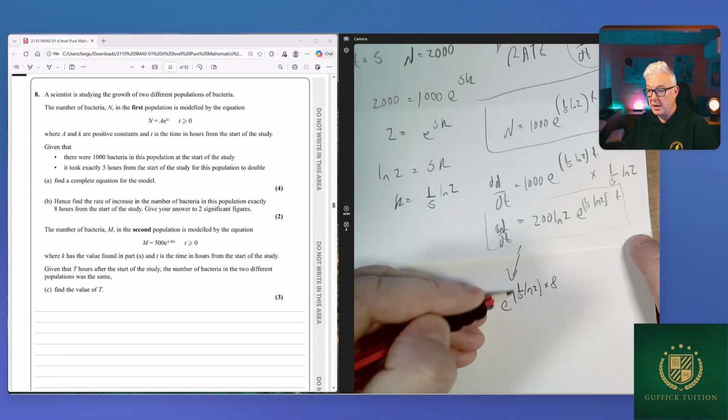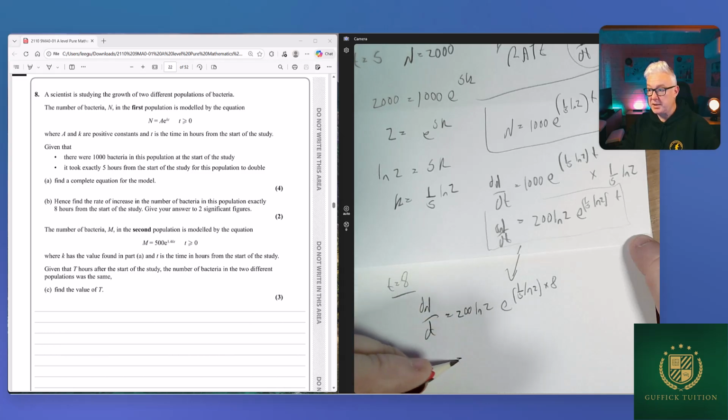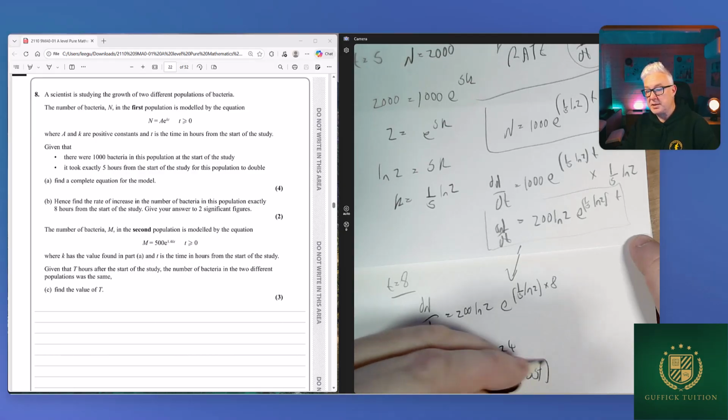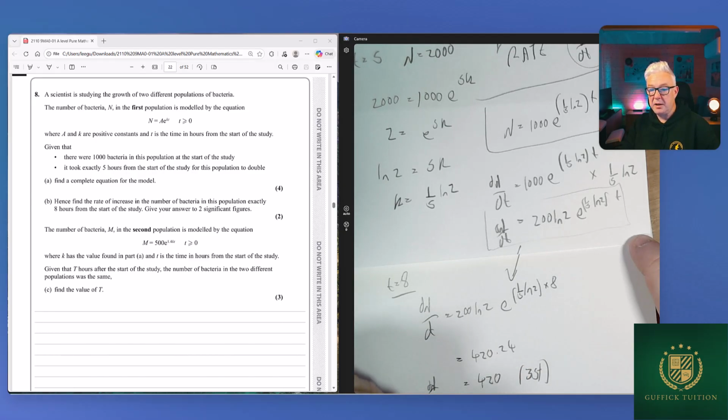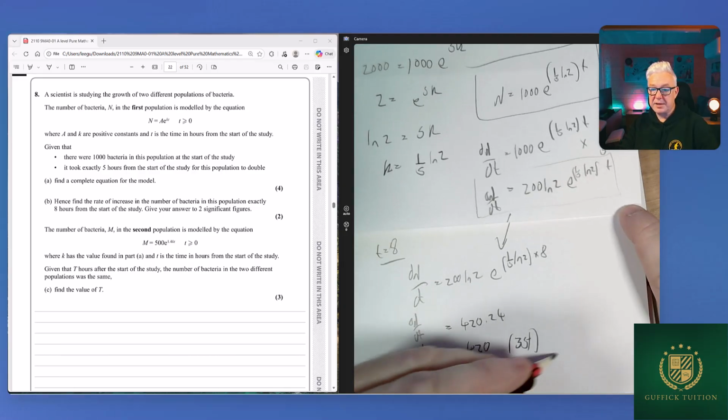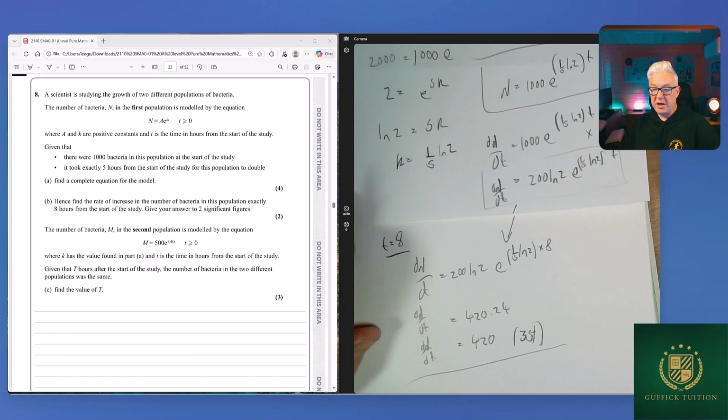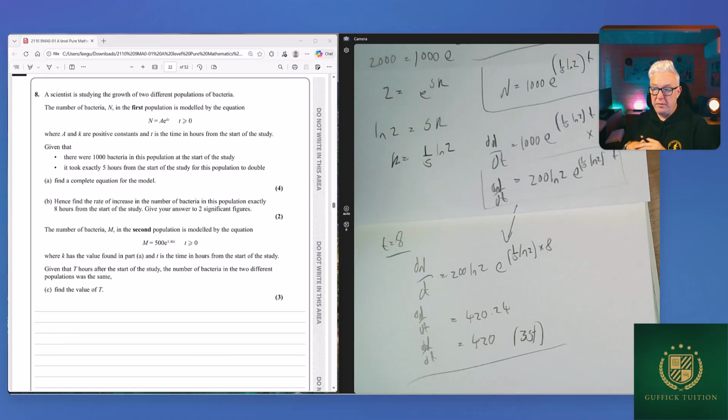And then when we put that in, that turns out to be 420.24. So that's going to be 420 to 3 significant figures, dn by dt. Okay, so that's going to be our expression for our rate of increase of our bacteria 8 hours later.